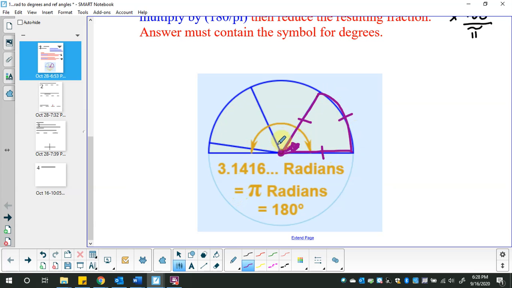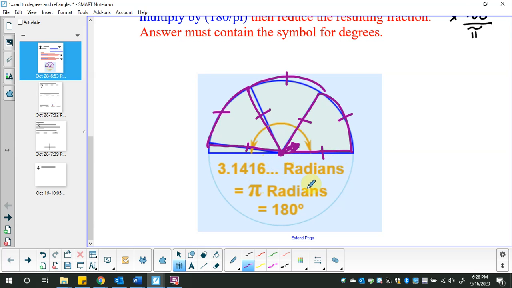Then, if you do it again, that's a 2nd radian. Then, if you do it again, that's a 3rd radian. And in half a circle, not a coincidence, you have 3.1416 blah blah blah radians.